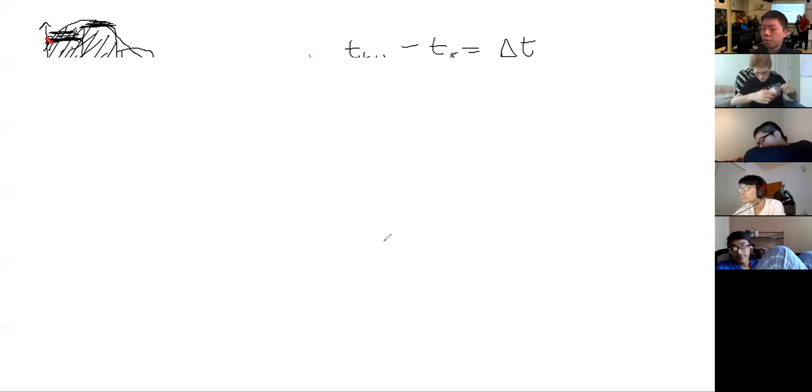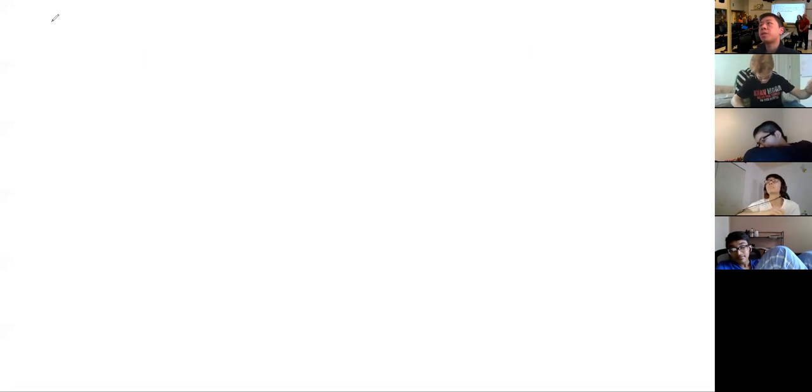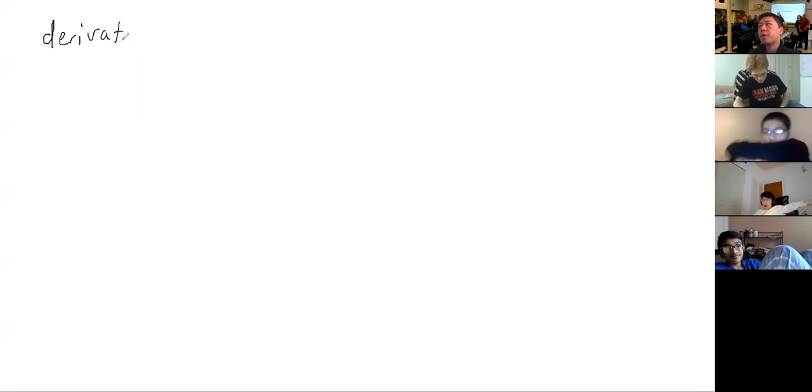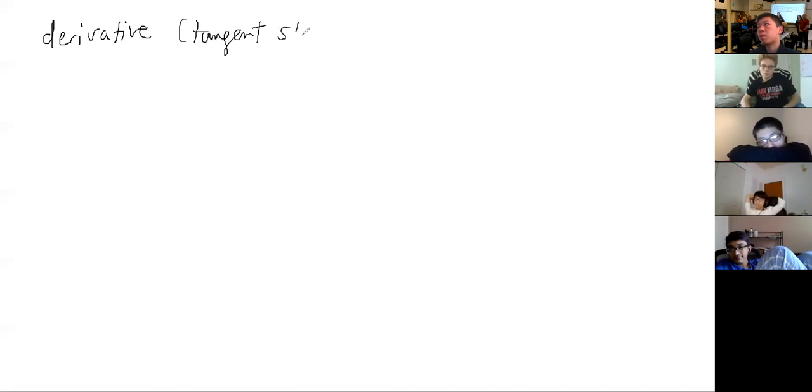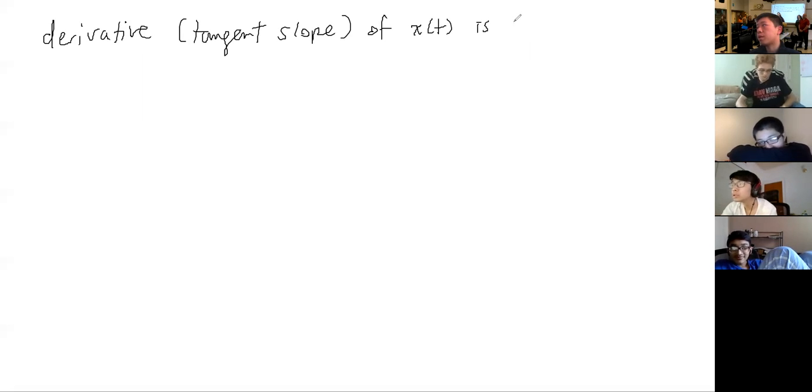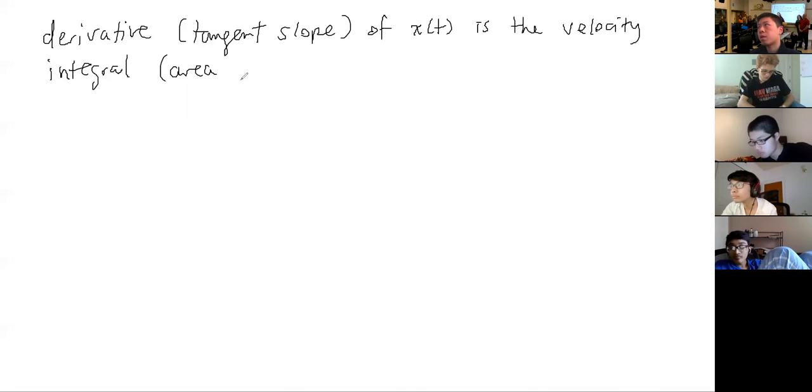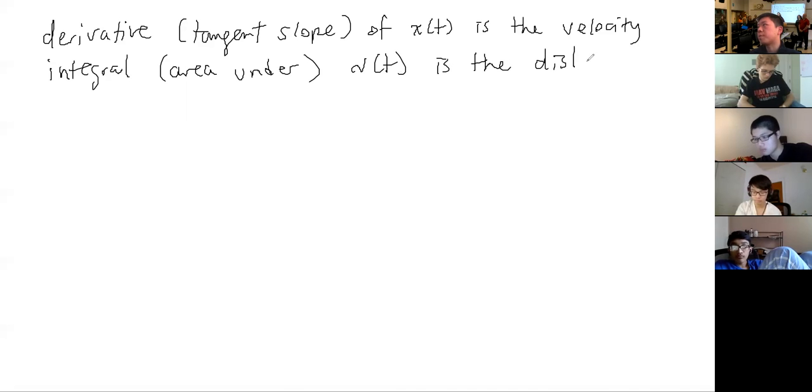All right. In the last couple of slides, we basically said that the derivative, or the tangent slope, of x of t is the velocity, and the integral, or the area under v of t, is the distance traveled.